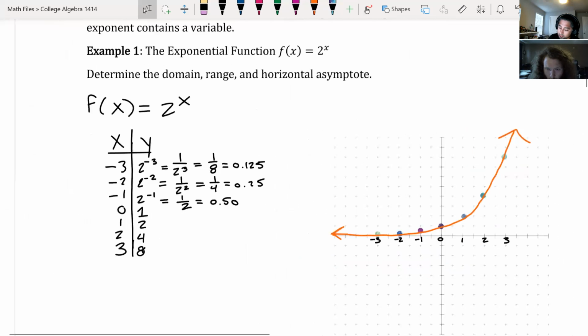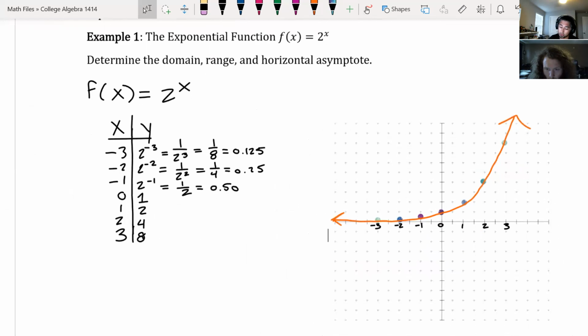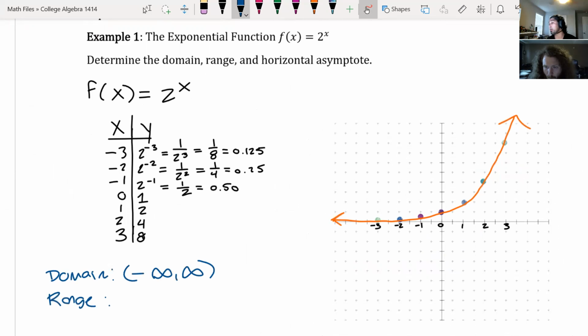So we said determine domain and range. Well, from the above definition, the domain of all our exponential functions is going to be all real numbers. And then the range, well, if we look at our exponential function, as x gets smaller and smaller and smaller, y is getting closer and closer and closer to a number.